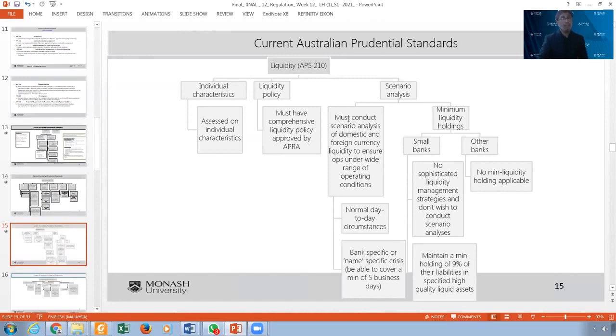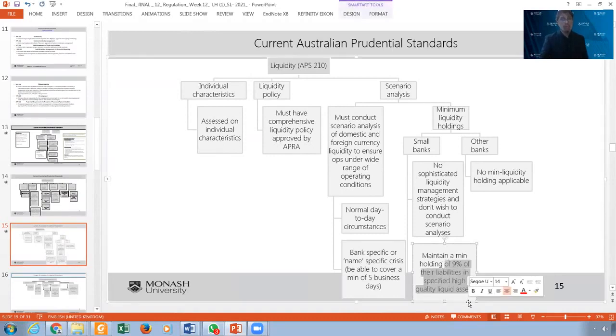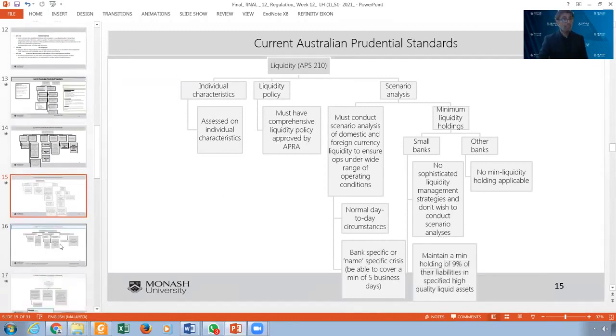But if you don't have that, you have to have 9% in Australia. If you are a small bank and you don't have the expertise to show that you are able to manage your purchase liquidity, your stored liquidity, and you are fully planning for liquidity, then just keep 9% as a buffer of your total assets.